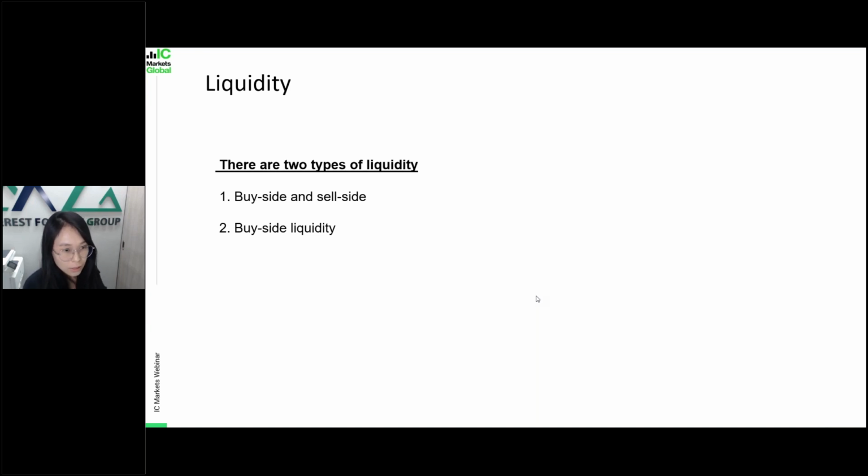Liquidity is the first and also the most important concept within the ICT trading methodology. There are two types of liquidity: buy side and sell side. Buy side liquidity represents the level on the chart where short sellers will have their stops positioned.